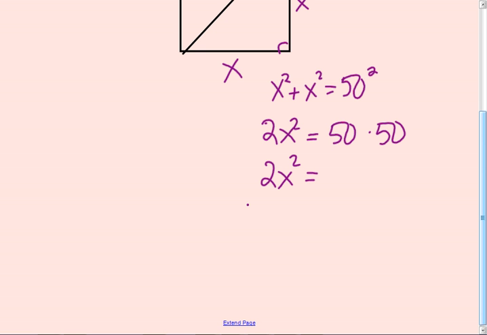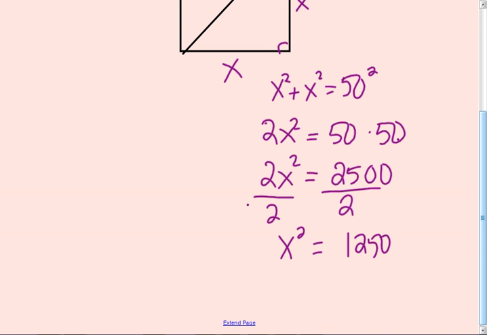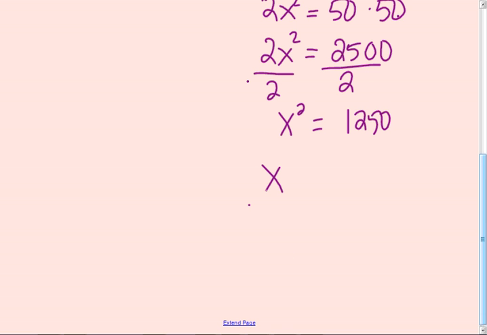So what's 5 times 5? Because I can do that. It's 25. And how many zeros? 2. And then we're going to divide by 2. And it says x squared is half of that. It's half of 2,500. 1250. And I could find x. What's x? Didn't ask me that. You square root and you square root. I don't know how big it is. It's the square root of 1250.